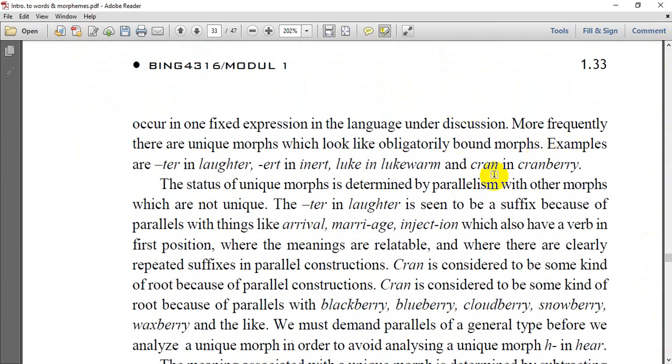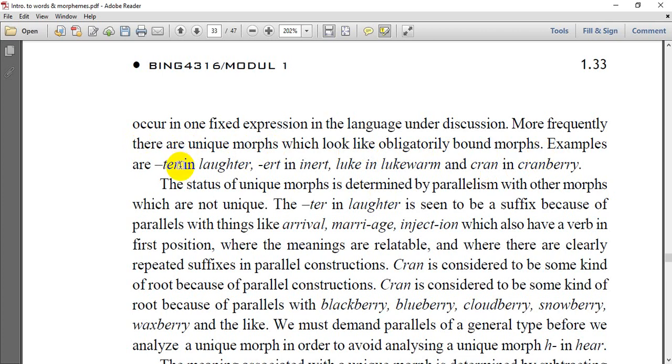We have unique morphs which look like obligatorily bound morphemes.